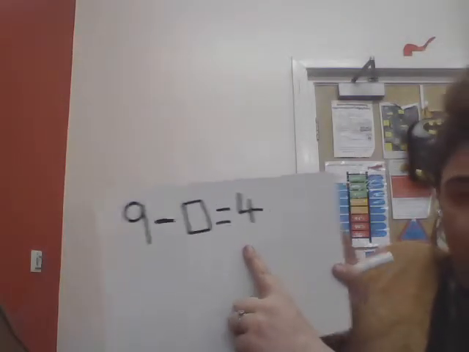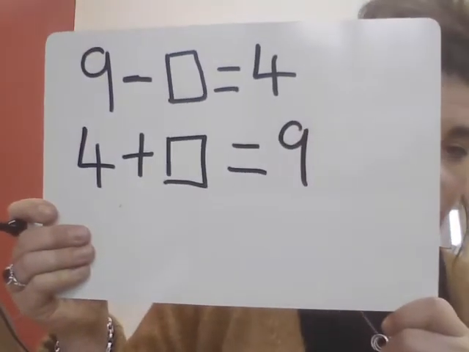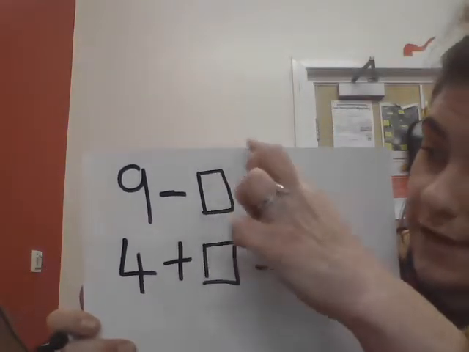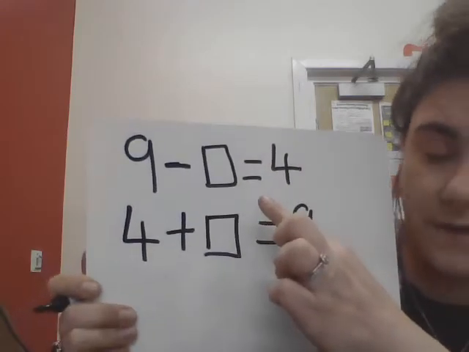So if we start with 4 here, and we do 4 add something equals 9. So we're working the number sentence backwards. So we start with 9 subtract something equals 4. It's this missing number here we're trying to find.